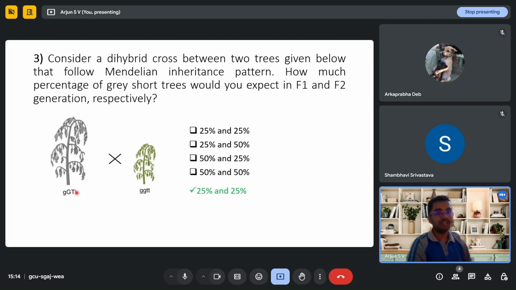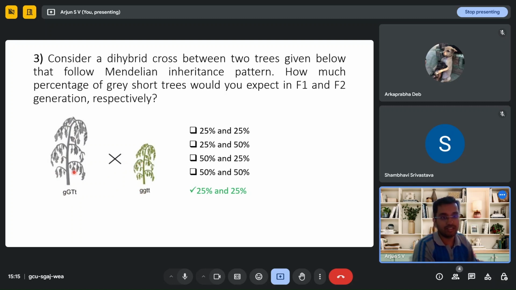So one way to solve it using probability is, you can see here that the gray, which has the capital G small g, is a dominant trait. So the capital G should be gray and the small g, the double g, should be green.